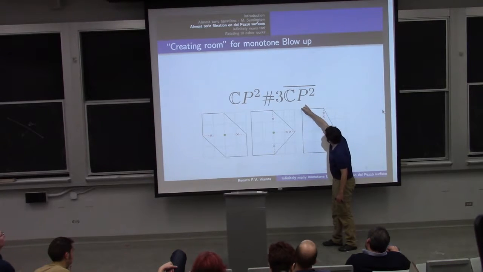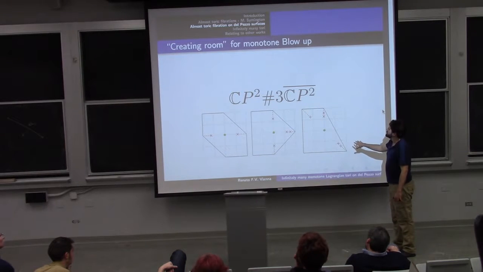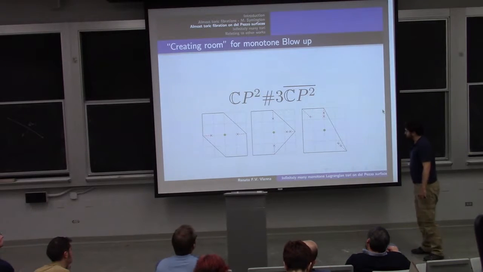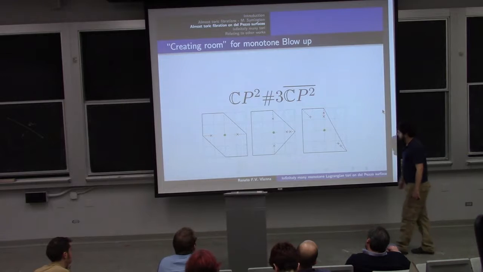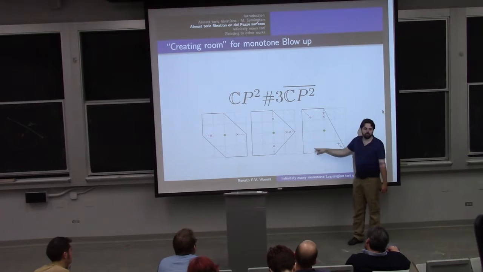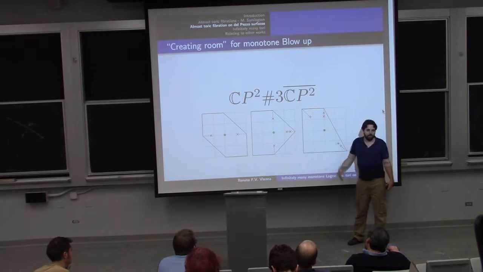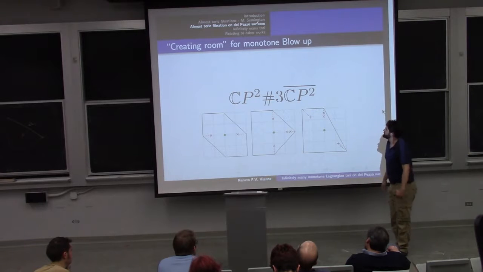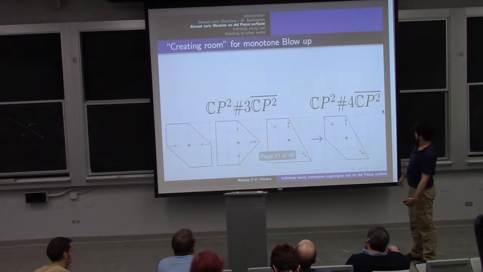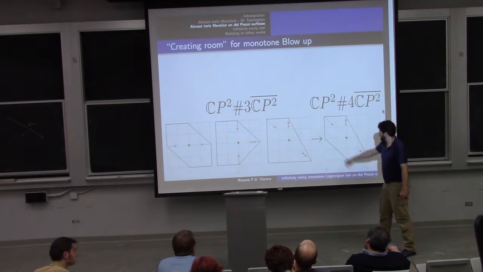I also did another trade here. So this is some almost toric fibration for the degree 6 del Pezzo surface, and now you see that we have enough space to perform a blow-up of the size that we wanted and keep our symplectic manifold monotone. And that's what I did over here.